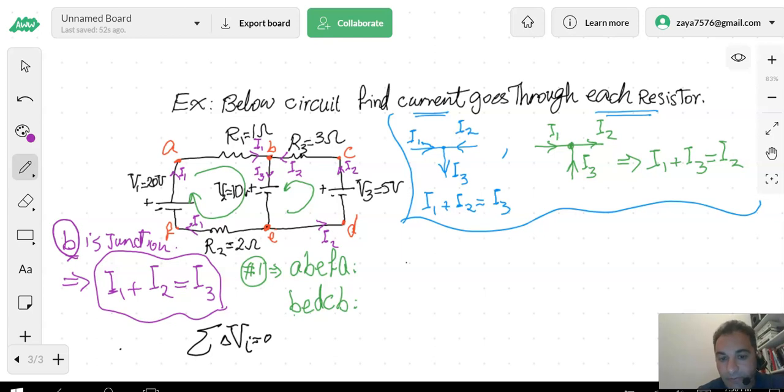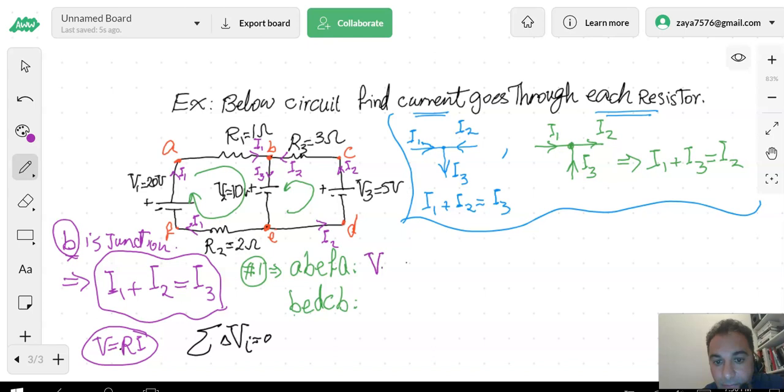Therefore, when we say voltage decreases when we go from A to B, pay attention, and you know this, Ohm's law. What is Ohm's law? V equals Ri. So what is the voltage of resistor? It's Ri. Therefore, I can write this.